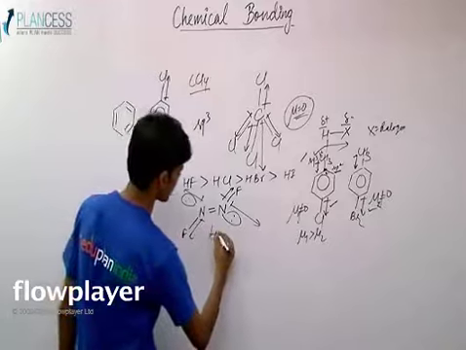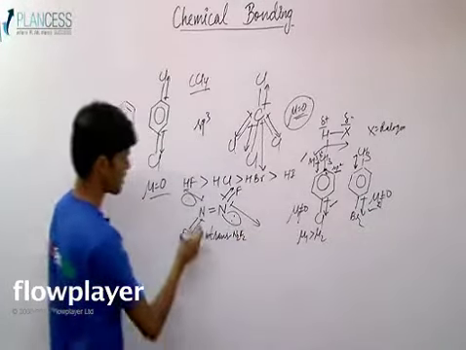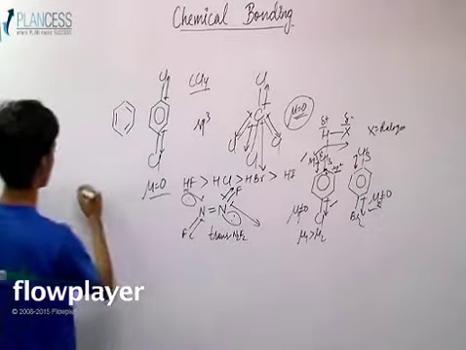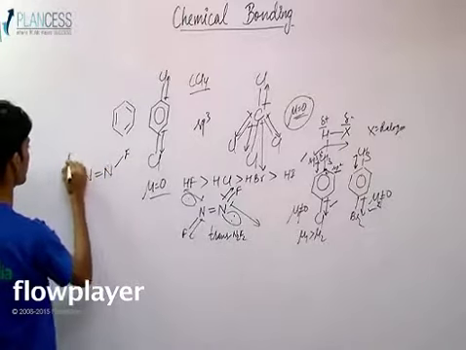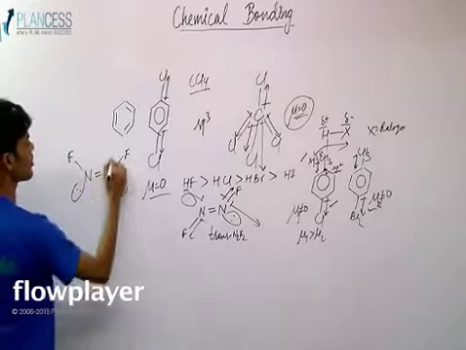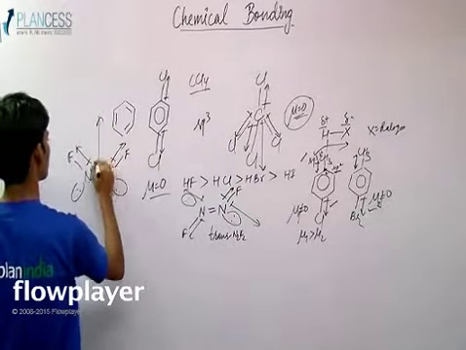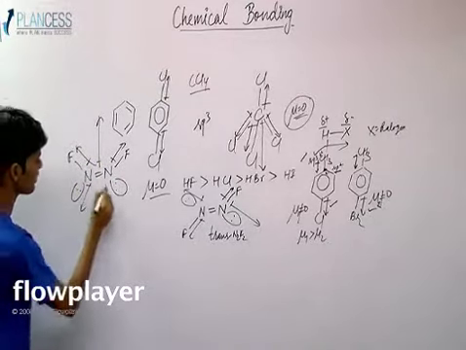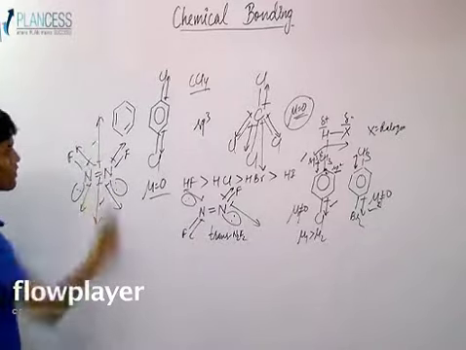So this is trans N2F2, and this is cis. If you want to draw its cis isomer, then the cis isomer would have N and F here. This dipole is not 0, because this will give you some resulting dipole in this direction, not particularly straight, but I am drawing it like this, and this dipole will give you something in this direction, but the amount of this would not be equal to this.